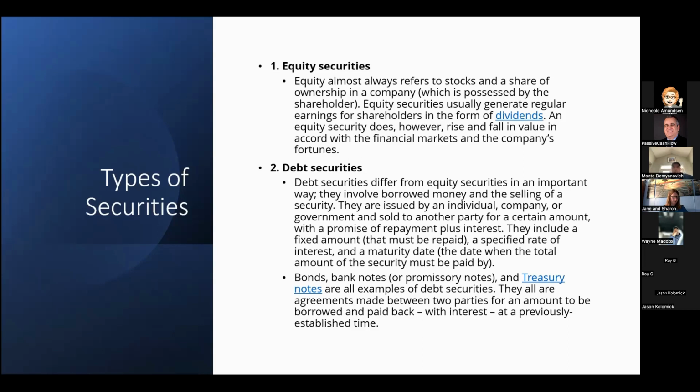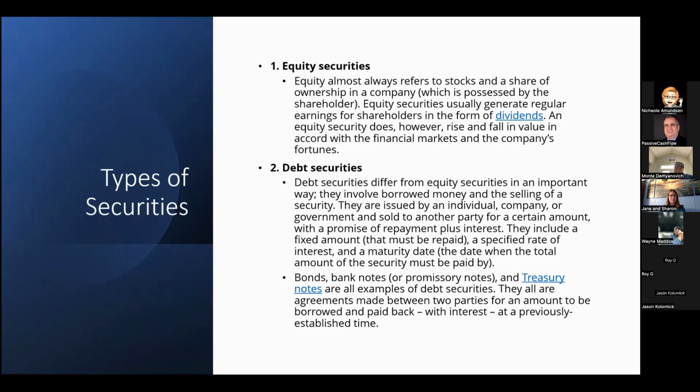In a debt security, you are lending money at a certain rate of interest, and the interest has to be paid, and the capital has to be paid back, right? So typical types of securities are bank notes, treasury notes, all those kinds of things where you are actually lending money at a certain rate.